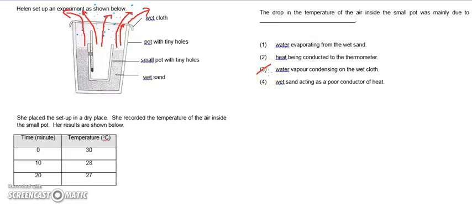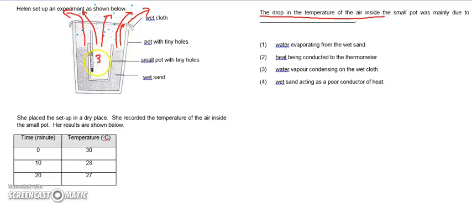Wet sand acting as a poor conductor of heat. Yes, the wet sand does act as a poor conductor of heat, but again, that does not explain the drop in the temperature of the air inside, because to start with, the air inside is the same temperature as the air outside.